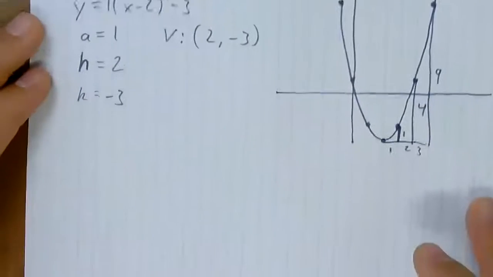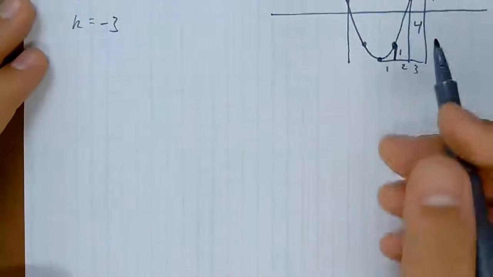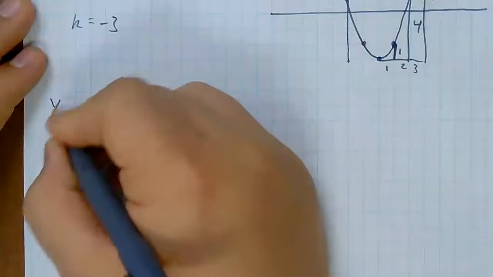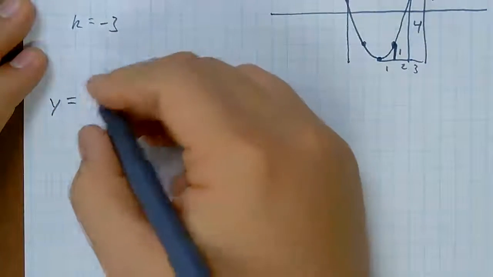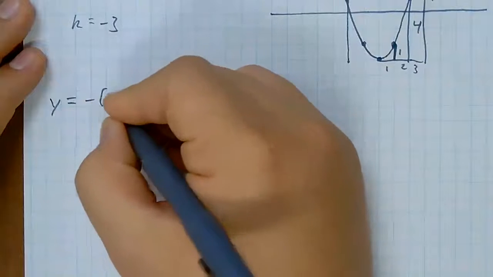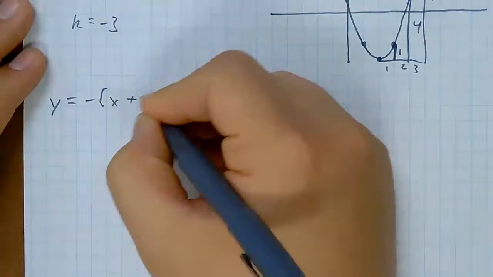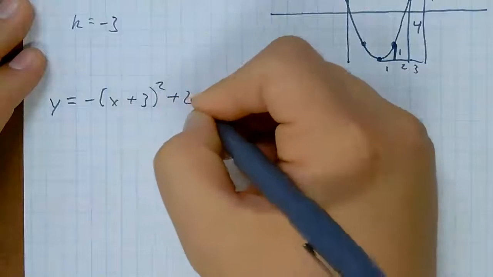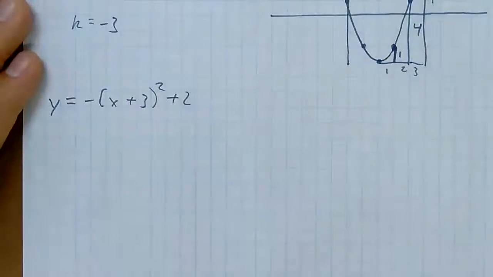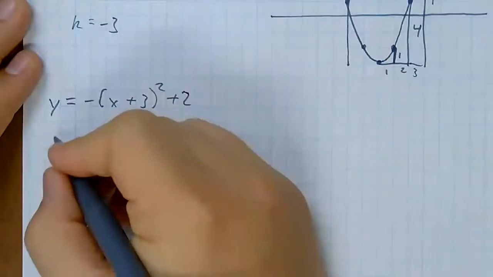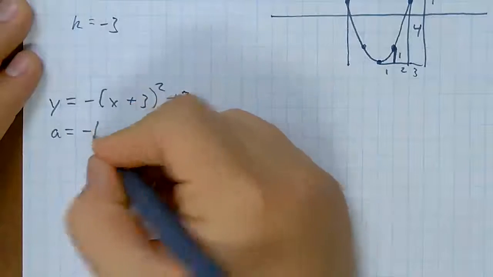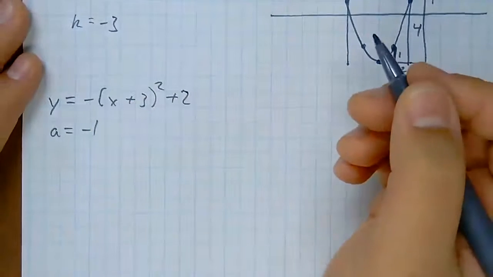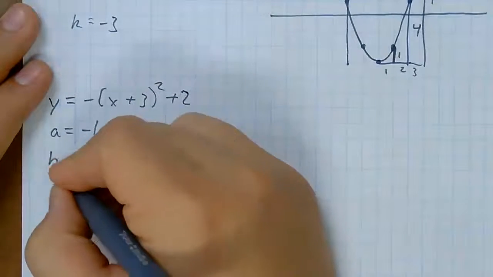Let's take a look at another example. Here we're going to have y equals negative (x plus 3) squared plus 2. In this example, our a is negative 1.